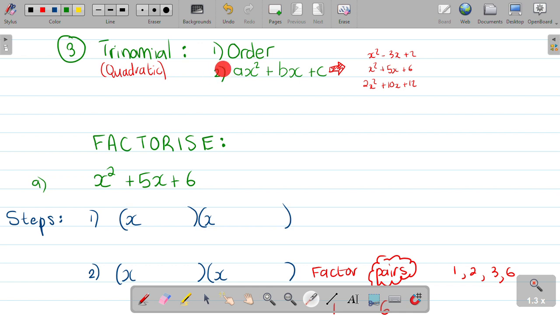So the second point that I want to highlight to you before actually telling you how to do it is how do we identify it. So it would look something like this, guys, in this form. I know this may look a bit weird to you, but pretend that A is a number, B is a number, and C is a number. You would have these x squared and the x in this position, and you would have a constant.